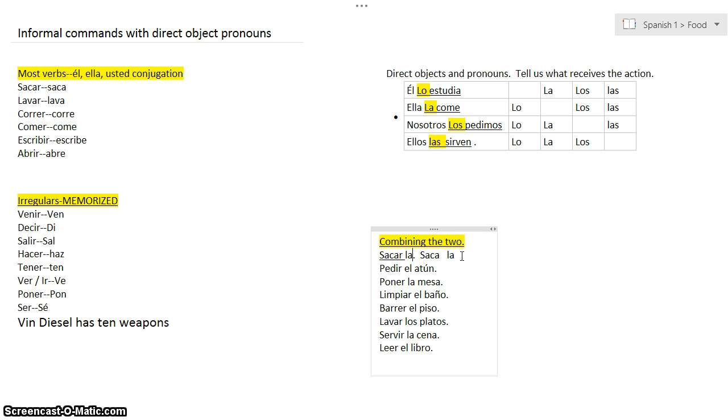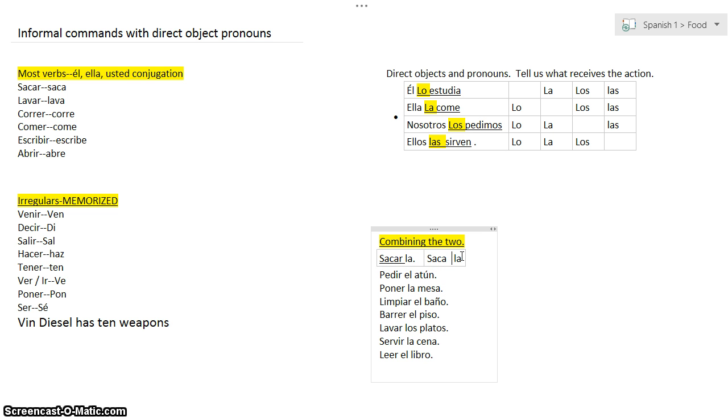What we're going to do is we're going to combine these two into one compound word, which is basically going to say take it out. Saca la basura becomes sácala, sácala. So you see how this is the direct object plus the command. Saca is a command, la the direct object pronoun. So we have sácala.